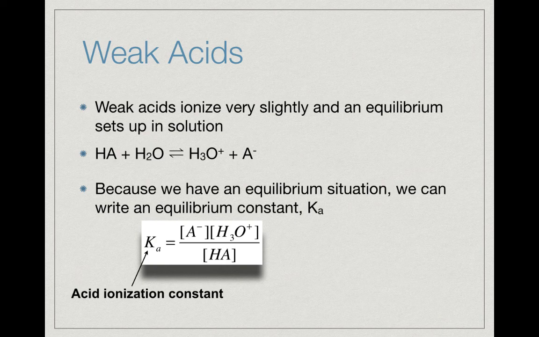It's still products over reactants. So our products are the A minus and the H3O plus over the undissociated acid HA. And notice what's left out is water. We don't include liquid water in an equilibrium constant expression. It is already factored into that constant. So again, still products over reactants.